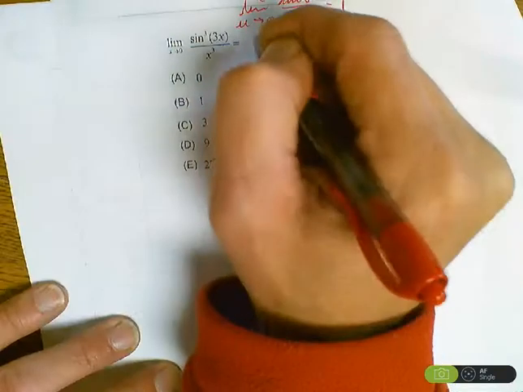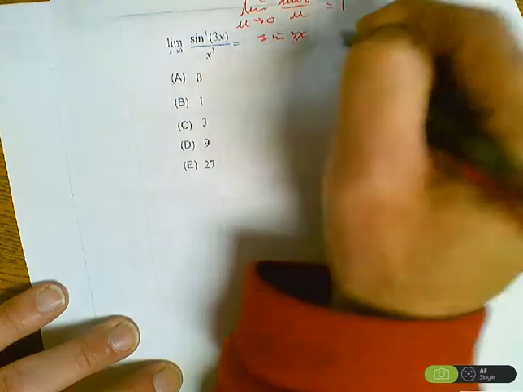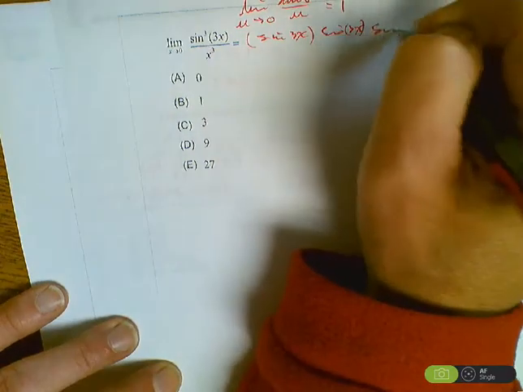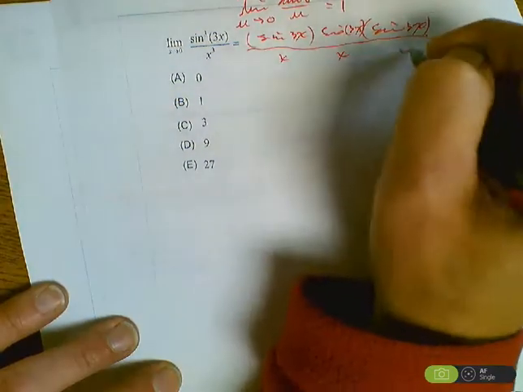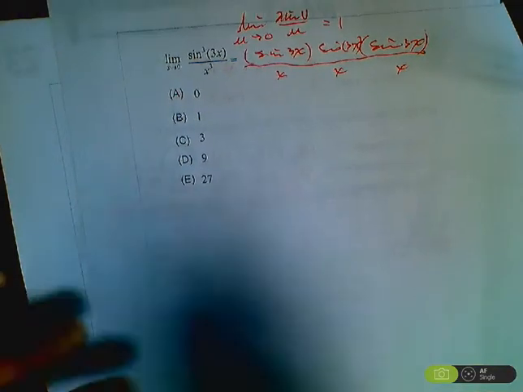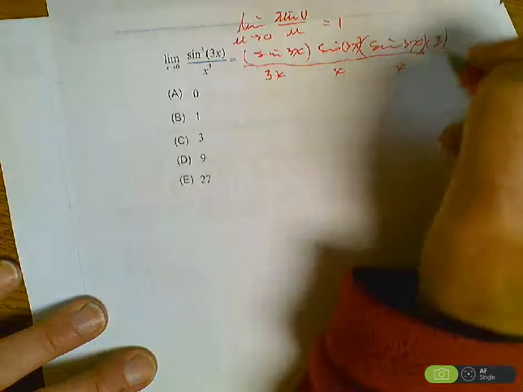So I'm pretending that I have a sine of 3x times a sine of 3x times a sine of 3x, all over 1x, 1x, 1x. But I don't have 3x over 3x. So I need to put a 3 here, but to do that, I have to put a 3 upstairs. And you see the strategy.